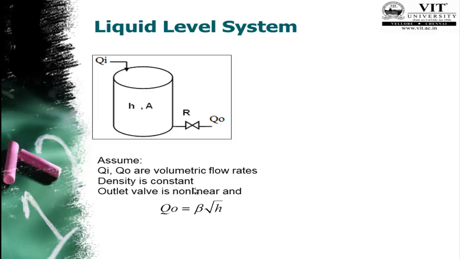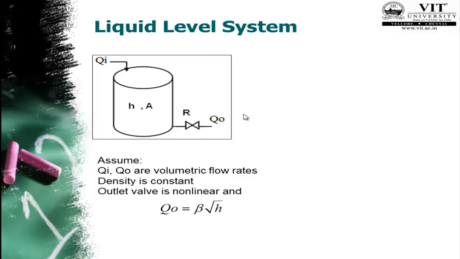Let us assume in this process, I have a cylindrical liquid level system and the outlet valve is giving me nonlinear characteristics in this format. This Q naught is equal to some beta times square root of h, and we'll assume the density changes are negligible.